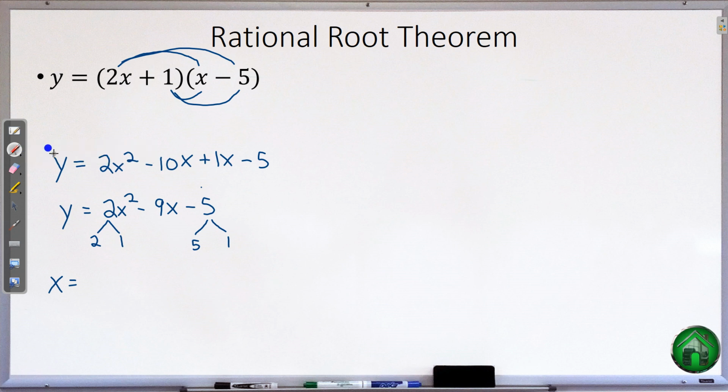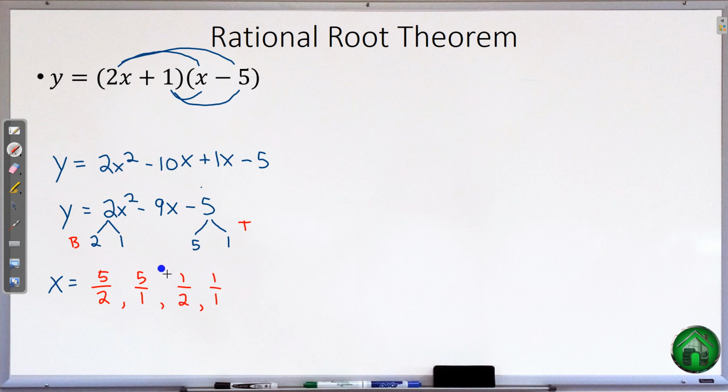So remember, this is the top, and this is the bottom. So those possibilities would be 5 on top, and then you could have either a 2 or a 1 on the bottom. And then for the 1, the 1 can be on top, and either the 2 on the bottom or another 1 on the bottom.